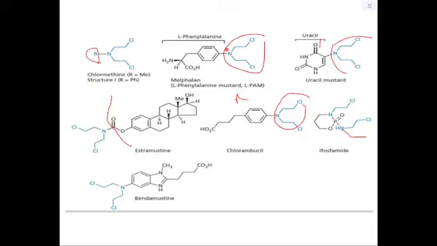Then the active moiety binds the tumor, so it can wait to get into the tumor and bring about its activity of destroying the DNA within the tumor. But when you give it like chlormethamine or mechlorethamine, it's too reactive, and therefore it will destroy DNA everywhere, and it will not have any oral activity.